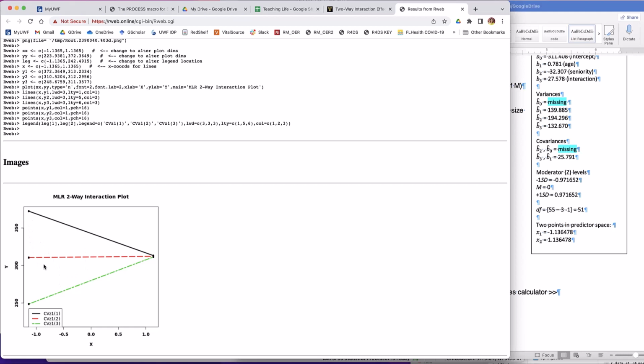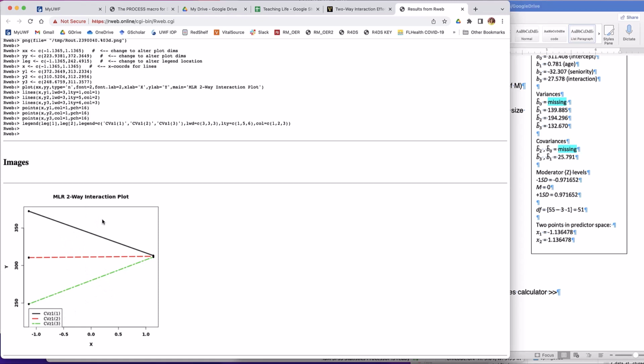When seniority was low is the black line. When seniority was average is the red line. And when seniority was high is the green line. So age did not have a significant impact, but seniority is all over the place.